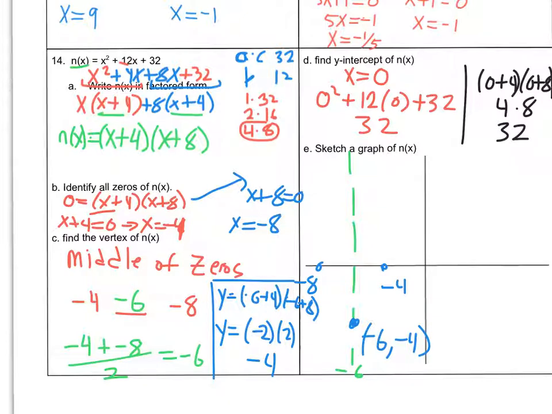Some of you have kind of abbreviated this to just multiply the numbers at the end. If there were a number in front, you'd have to multiply that also, so be a little bit careful, but generally that's a good idea. You're zeroing out the x's, you're only including the number parts. So there's 32. The sketch of this graph would go through my zeros, make a nice U, and somehow hit 32. My graph is definitely not to scale. With these numbers, they probably won't be to scale, but that's okay.